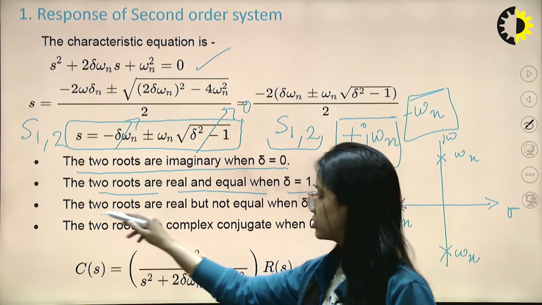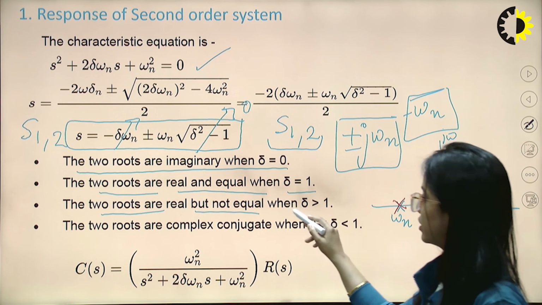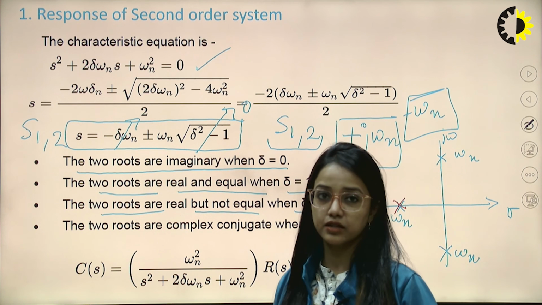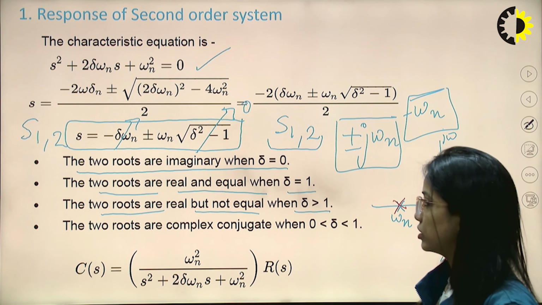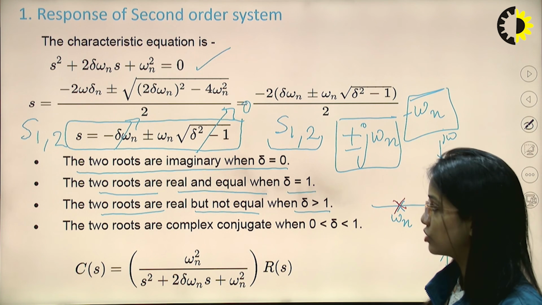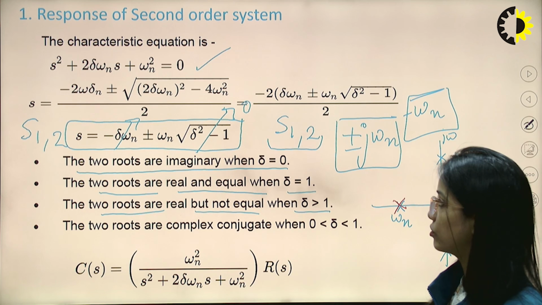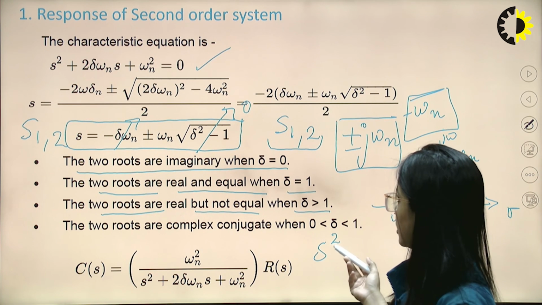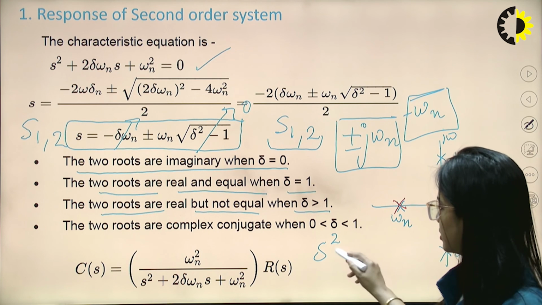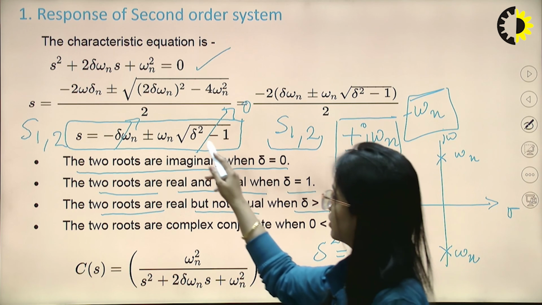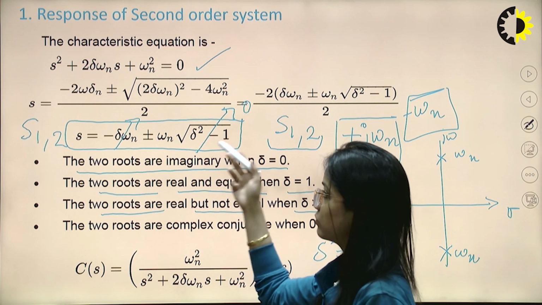The two roots are real but not equal when zeta is greater than 1. So let's say zeta is greater than 1, considering the value of zeta square to be, let's say, 10.